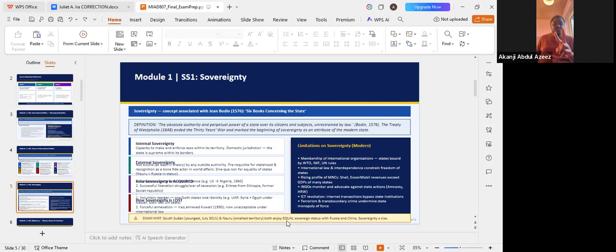Number two way you can get sovereignty is through war of liberation or secession. Sometimes you might not get your independence easily. What you need to do is go on war or do secession.